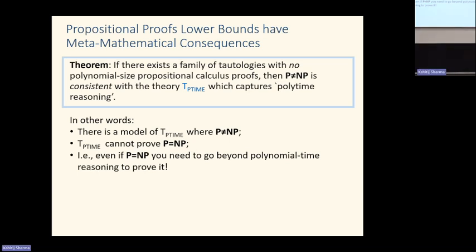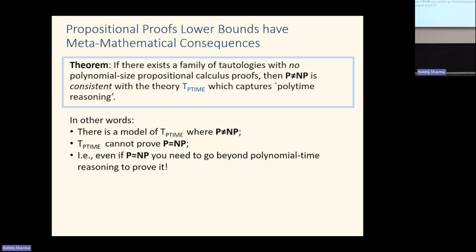Or in other words, if it is consistent, it means that there is a model of the world of P time reasoning, such that in this model, it satisfies the theory, the axioms, and P is unequal to NP, right? Because it's consistent with it.